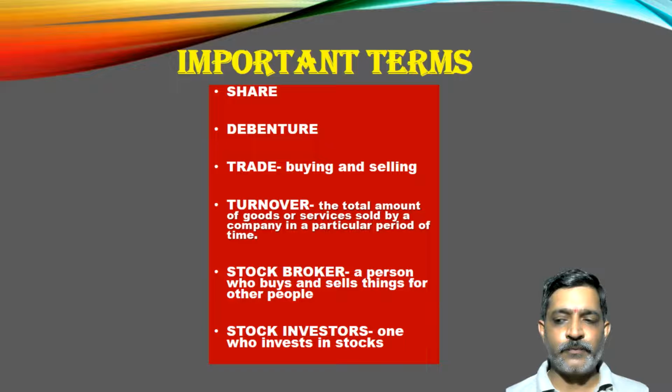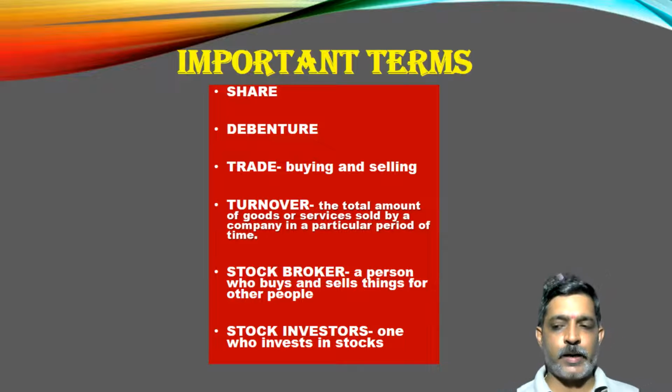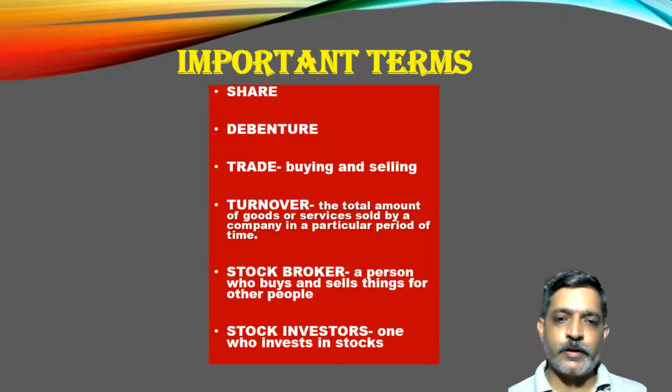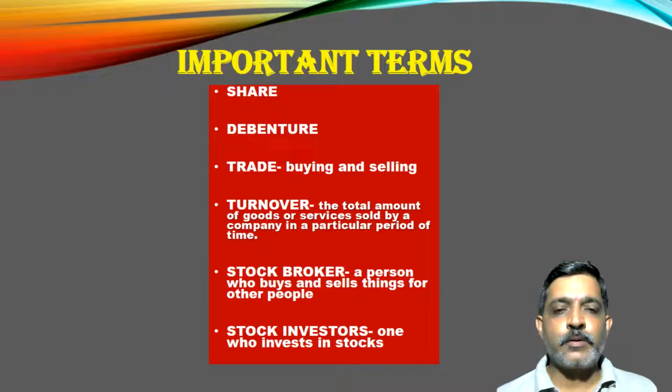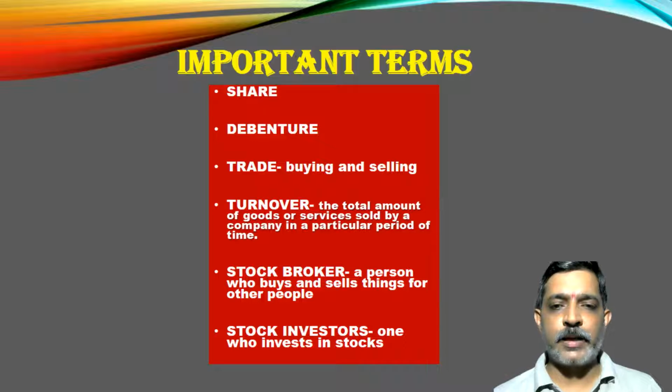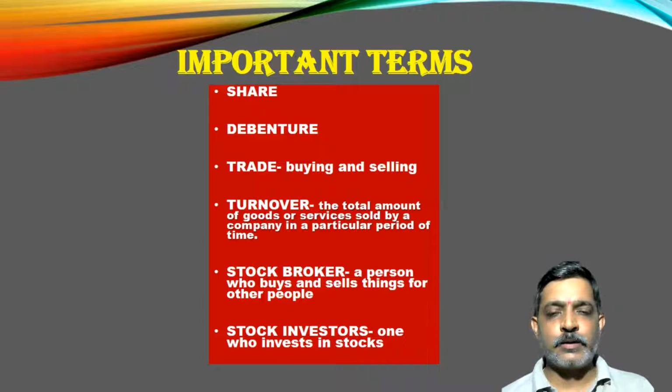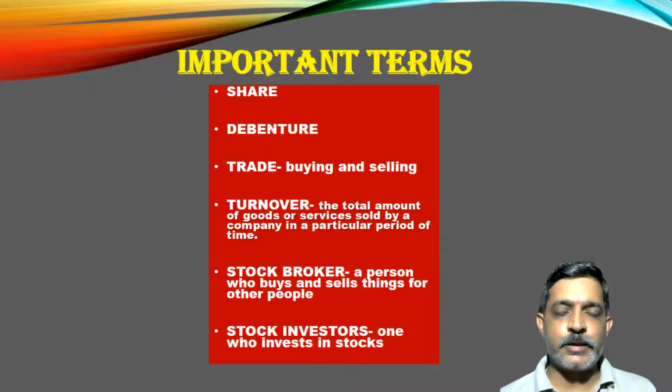Debentures are long-term financial instruments issued by a company with a prefixed rate of interest. Then another term is trade. Trade is simply buying and selling of different goods and items. Here, shares, commodities, debentures, bonds, etc.